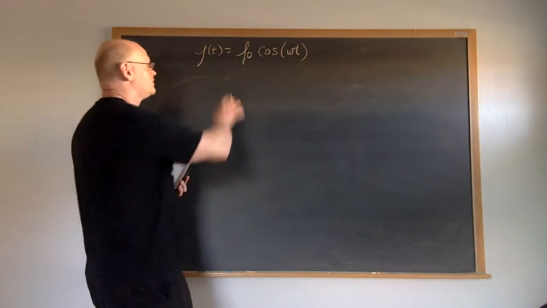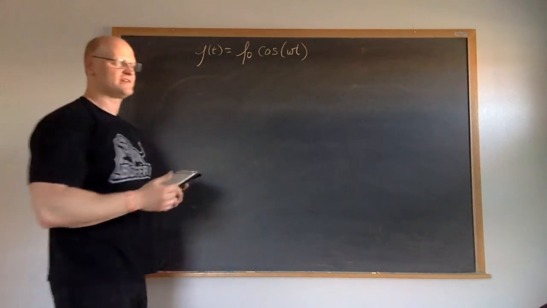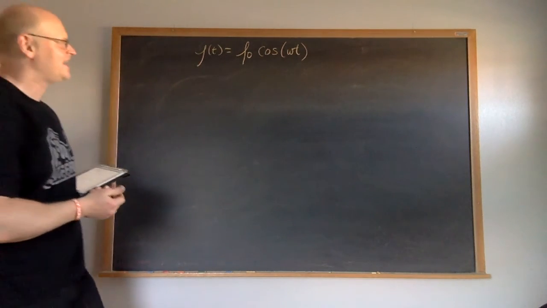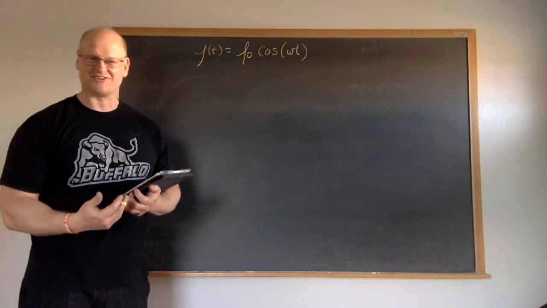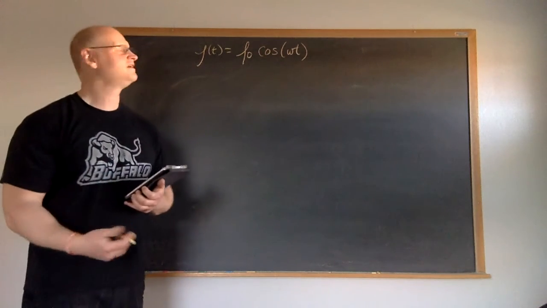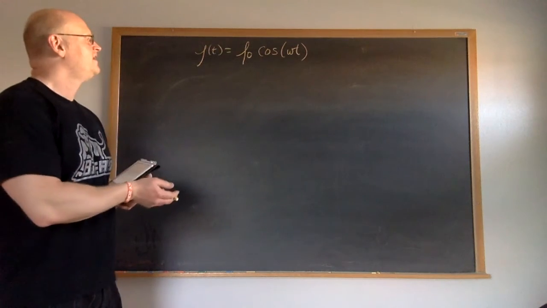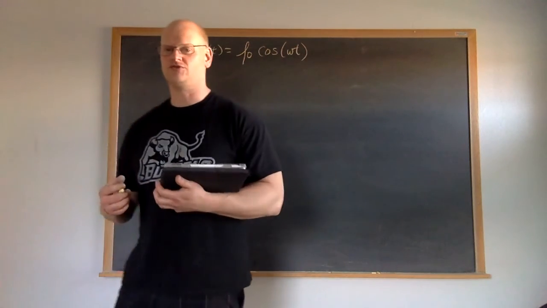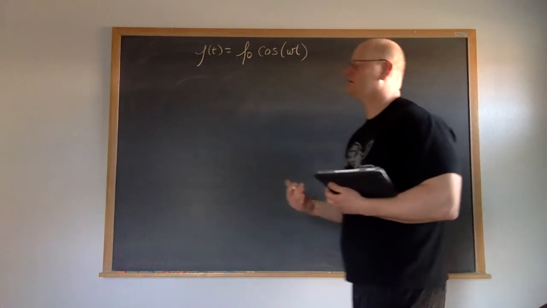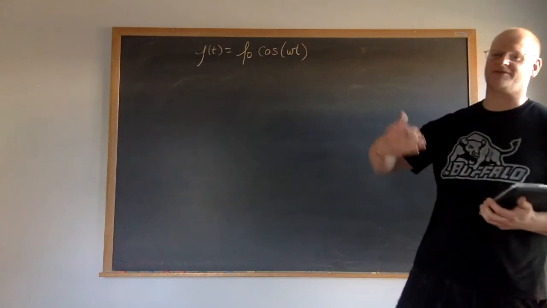Now, from here, we would simply plug this in and try to solve for a particular solution. In the case of sines and cosines, this actually turns out to be rather difficult. It's kind of an annoying way to solve it. So another way is to use something we talked about a little bit earlier, which is complex variables.